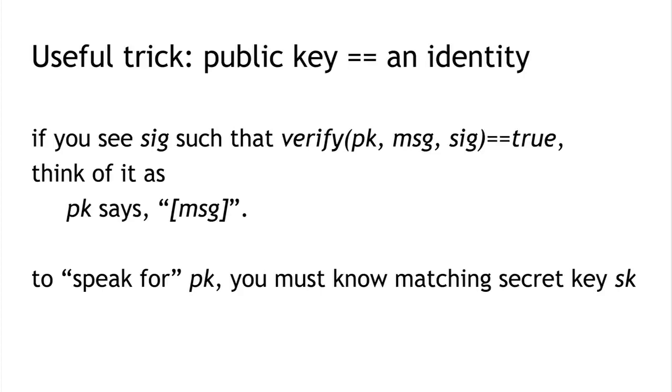If you think about it, for someone to speak for PK, that is, for someone to be able to make statements that will be seen as coming out of PK's mouth, you have to know the matching secret key, SK. If you know the secret key that corresponds to the public key PK, then you can sign messages with that secret key, and what you're doing essentially is making statements on behalf of that public key.